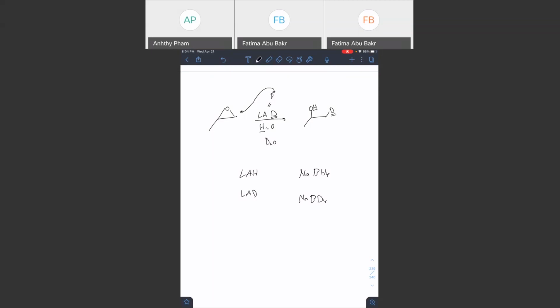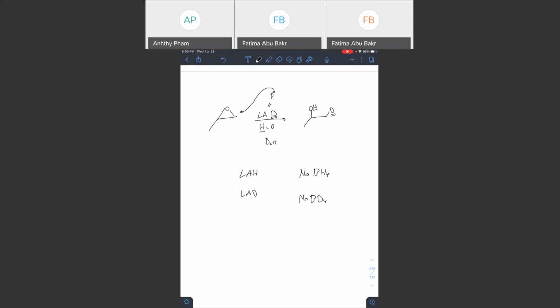All right, so let's continue from where we left off. We were talking about how when you have LAH or NaBH4, those can be substituted with Ds and used as a marker to figure out where the hydrogen from each side is going. And so you have to be familiar with those experiments.